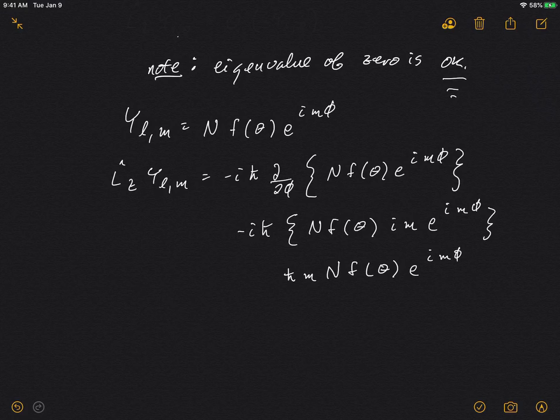So you might be tempted to say that the eigenvalue is h bar m N f of theta, but these are all part of the Y_lm. So we have to keep track of our grouping here, in that all of this stuff, the N f of theta e to the i m phi, that's Y_lm, and this is the eigenvalue.